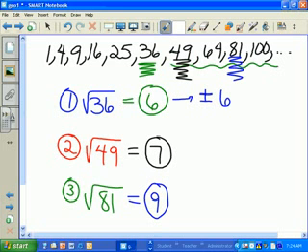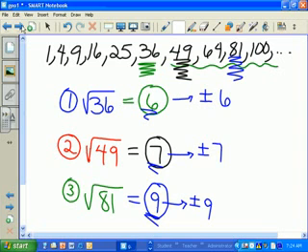For our purposes in geometry, all we're going to do this second is just worry about the 6, the 7, and the 9. But if you get into the habit already of knowing that it's really plus or minus 6, plus or minus 7, plus or minus 9, you'll be a leg ahead of what we're going to be doing in this class and what you need to do in Algebra 2.